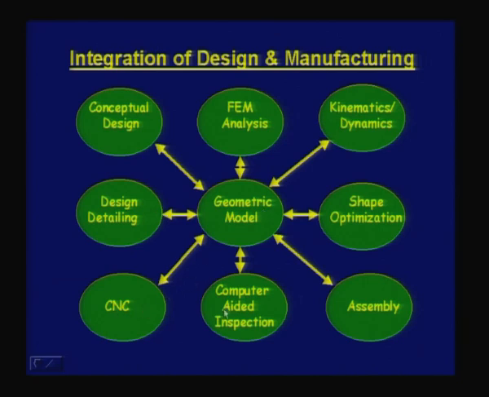After a component is manufactured, I can measure it on a CMM and model the manufactured geometry, and then compare with the design geometry which is available and see whether the part meets the quality requirements or not.